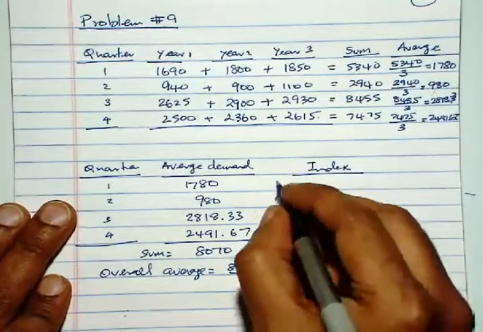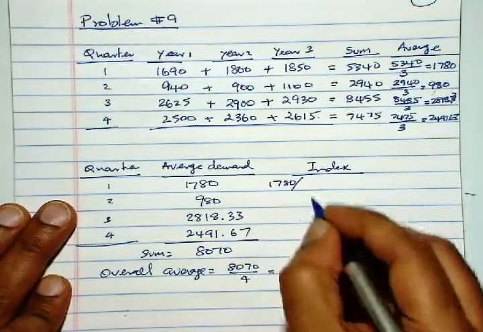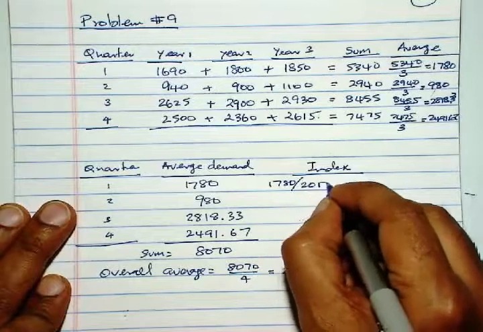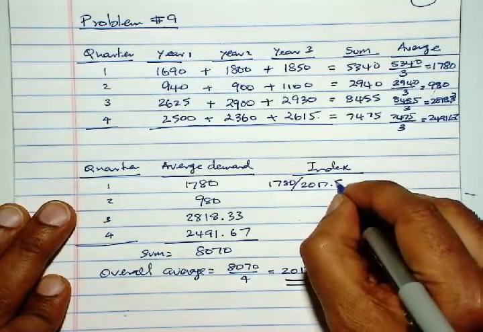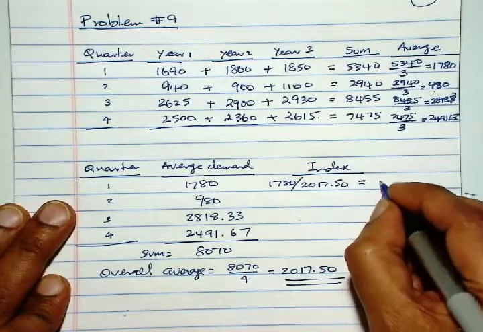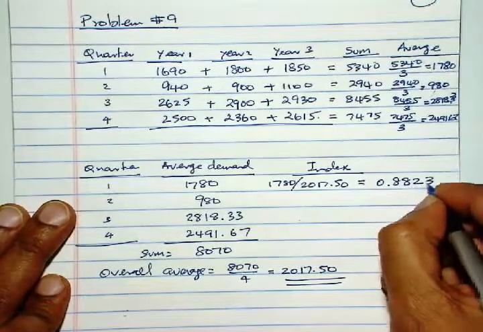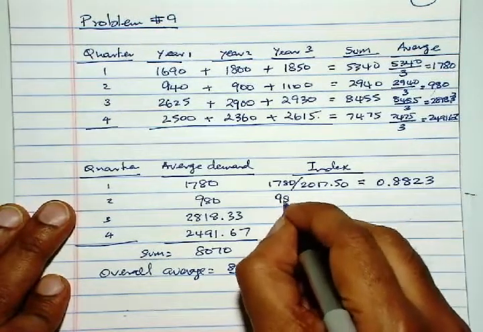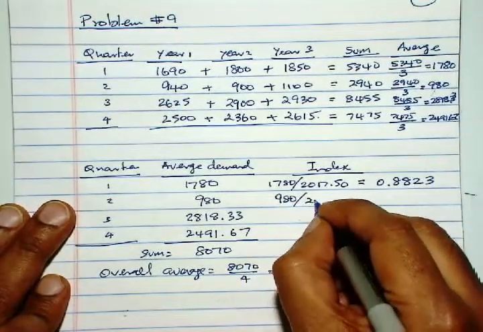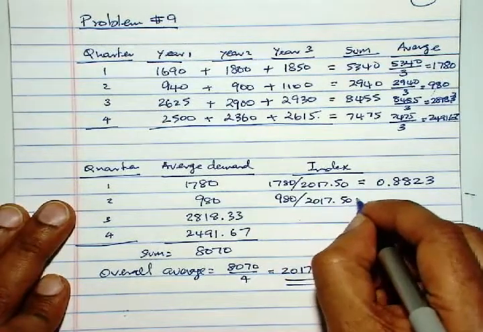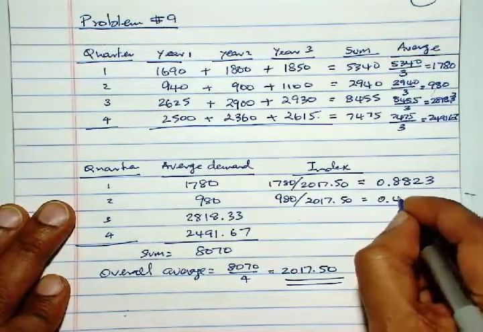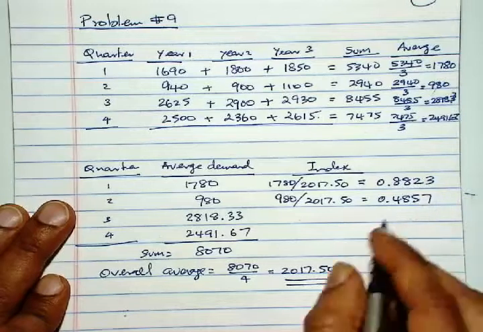So it will be like 1780 divided by 2017.5, that will give you 0.8823, and 980 divided by the overall average will give you 0.4857.